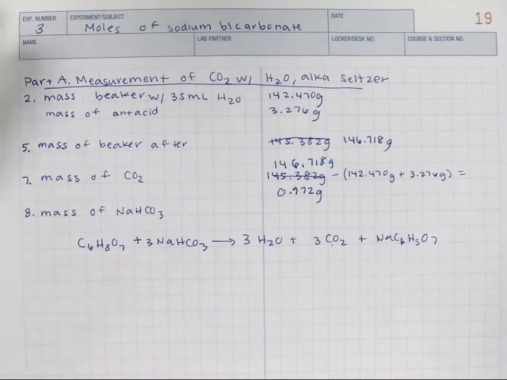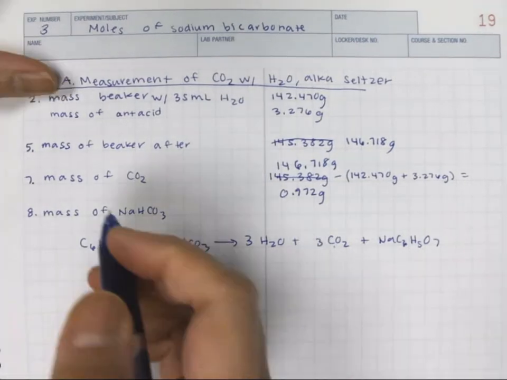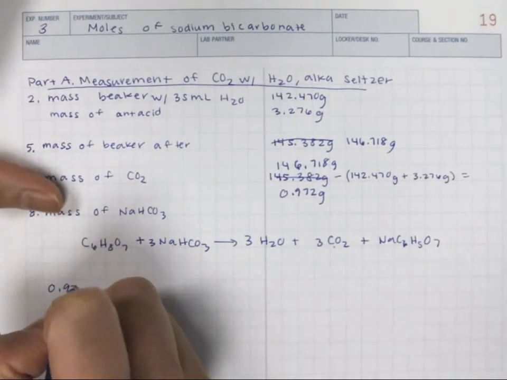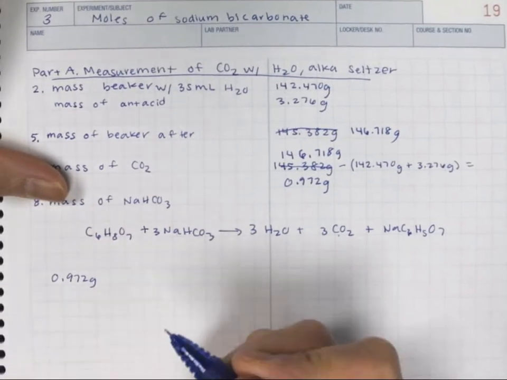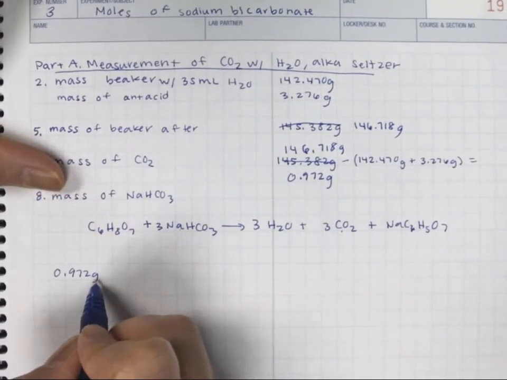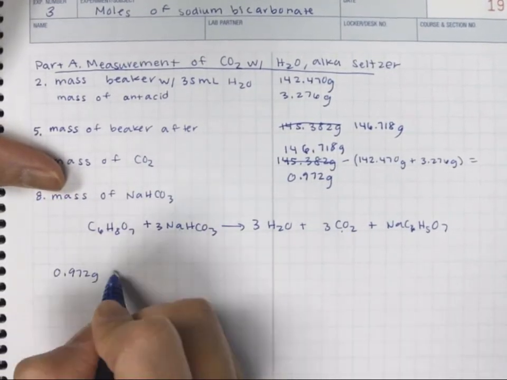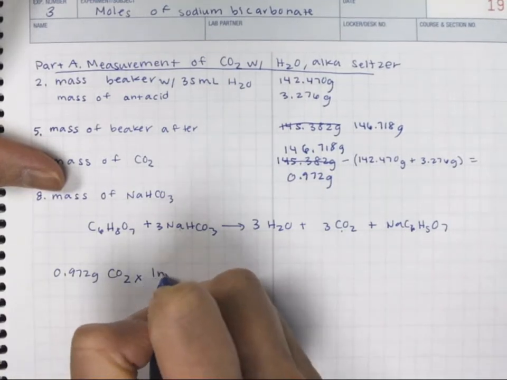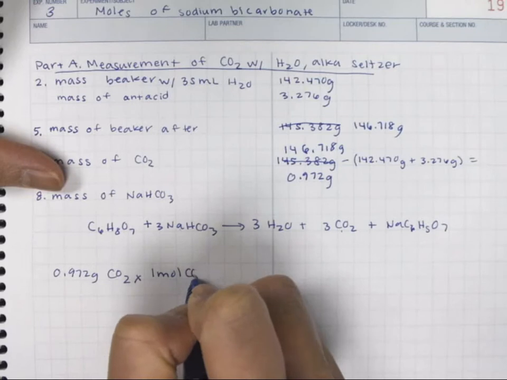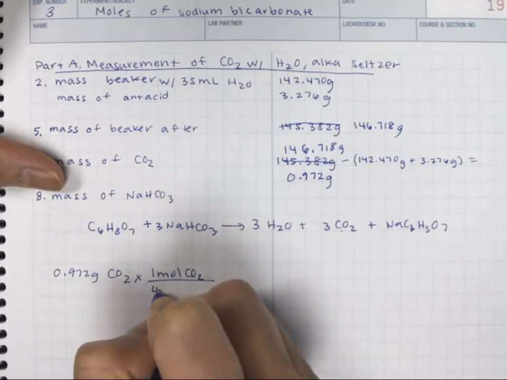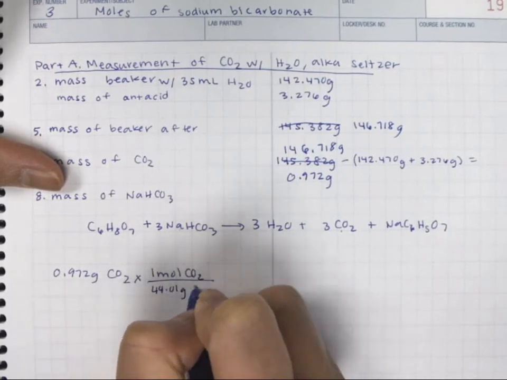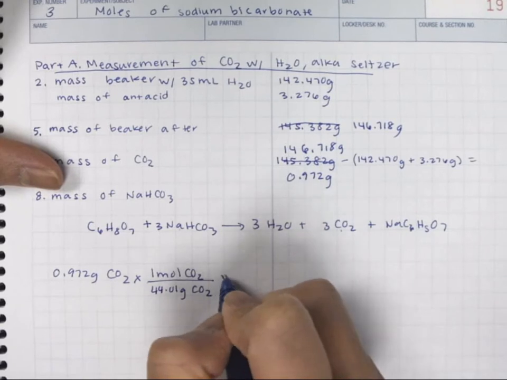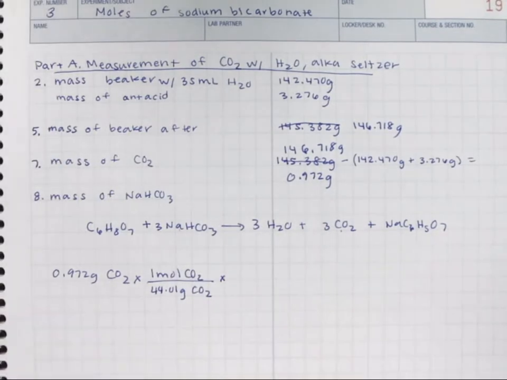So I'm going to start with 0.972 grams, and I find it really helpful to first label your unit so you know what you're doing, and this is grams of CO2. For 1 mole of CO2, it's 44.01 grams of CO2. And then we're going to use the reaction coefficient.